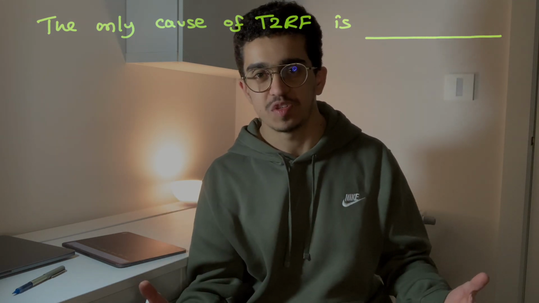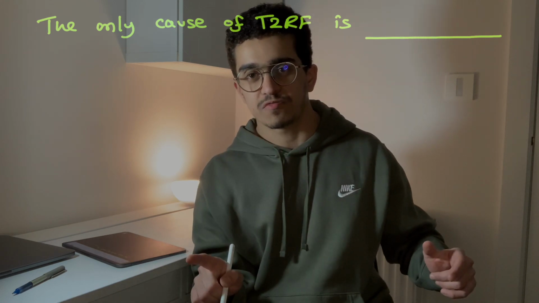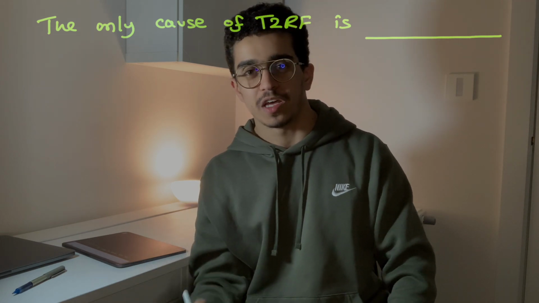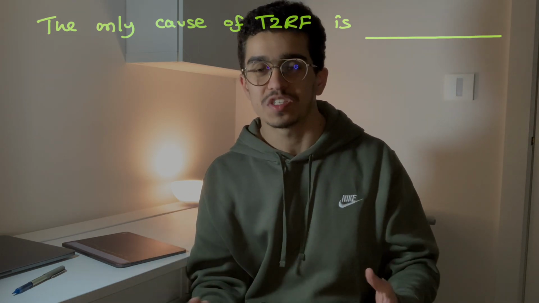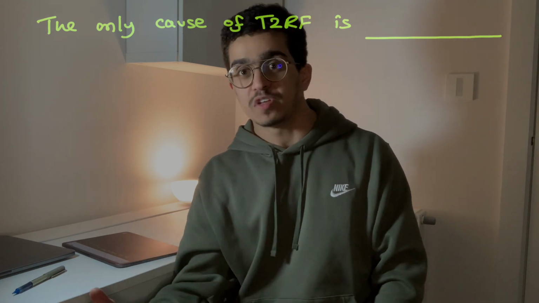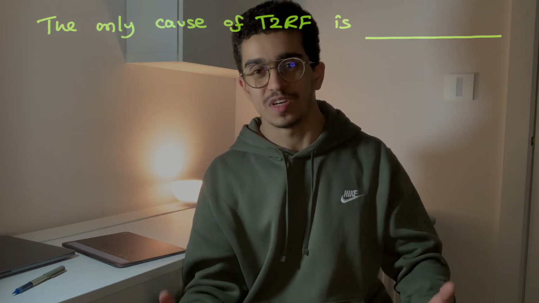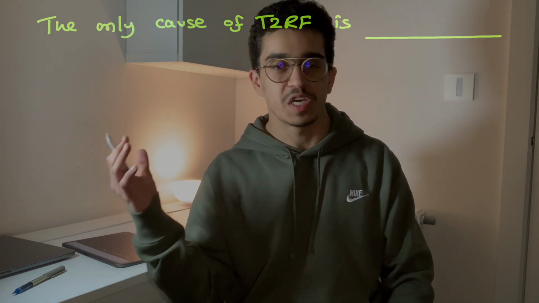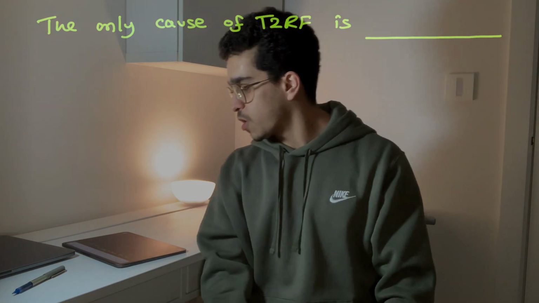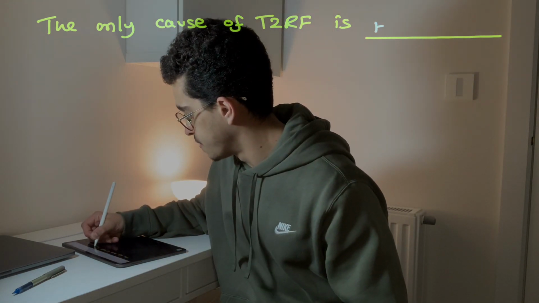As we said in my last video, hypoventilation is when there's less fresh gas from the atmosphere reaching the alveoli, and as a result there's reduced gas exchange leading to the buildup of CO2 in the blood. And if there's a buildup of CO2 in the blood, there's going to be a respiratory acidosis, where the pH of the blood is going to reduce. Okay, so the only cause of type 2 respiratory failure is hypoventilation.